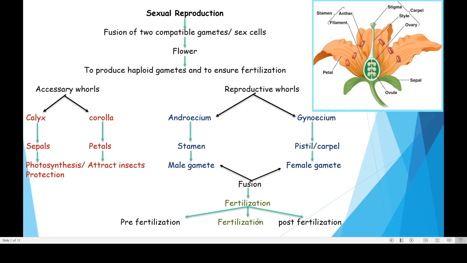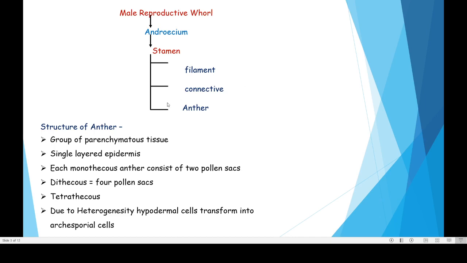The third is post-fertilization changes, which occur after fertilization. That means whatever changes occur to the flower, such as fruit formation and other things, come under post-fertilization changes. Now let us see the male reproductive whorl, which is known as the androecium.